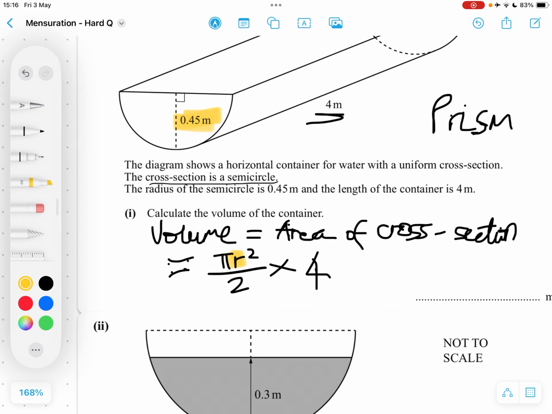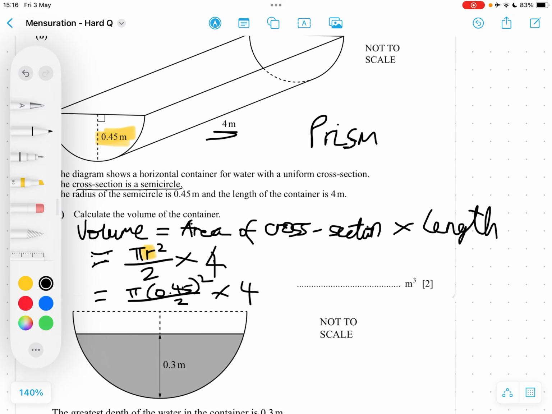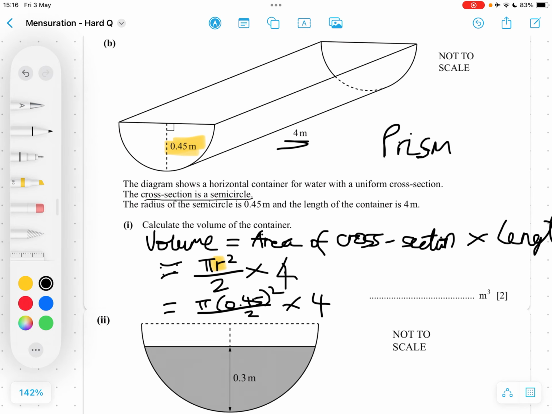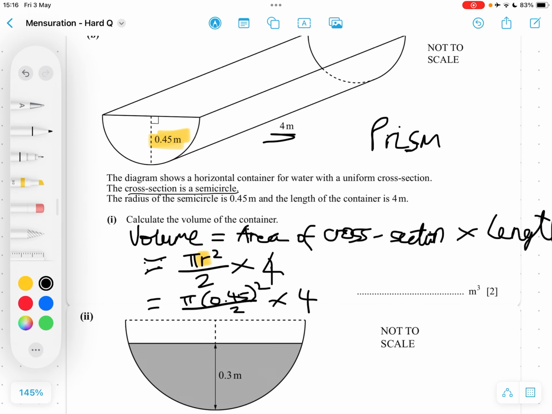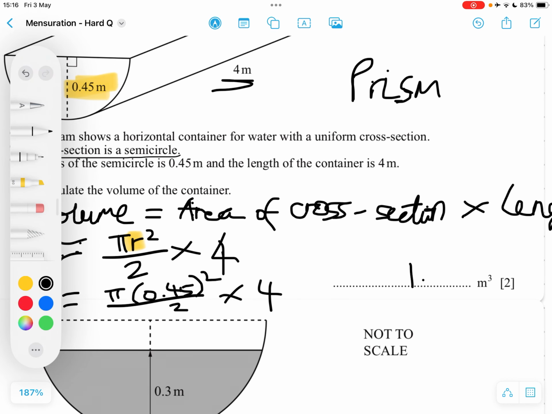So we get pi times 0.45 squared over 2 multiplied by 4. If you put this into your calculator, you would get an answer of 1.27 meters cubed, to 3 significant figures.